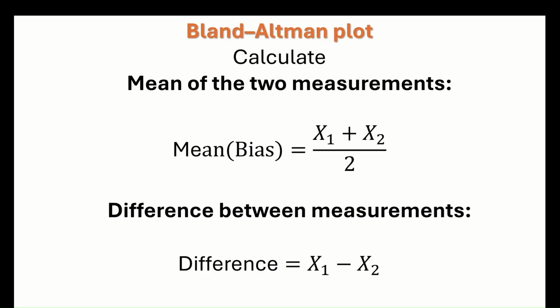And to calculate the difference between the two measurements, take the first score from the first measurement, subtract that from the second measurement. In this way, two new variables will be generated. One is the mean, the second one is the differences.